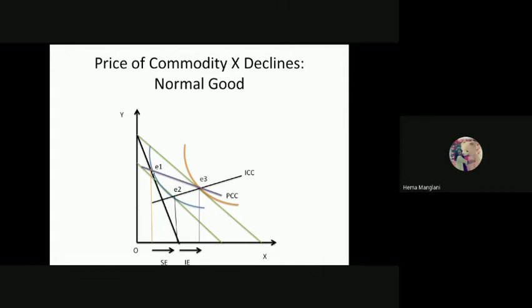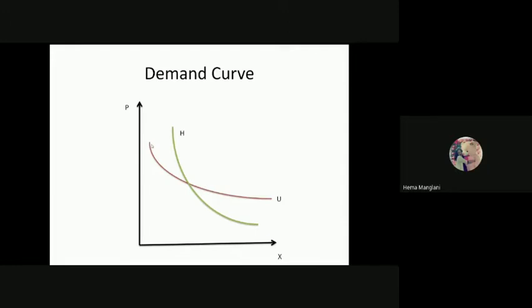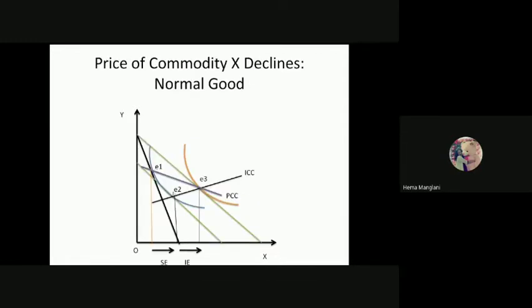So based on this, you can see here this H demand curve. This H demand curve is indicating the Hicksian demand curve, which is exactly giving you the substitution effect. So you're just joining this E1 and E2 point. Now this E1 and E2 point is indicating the relationship of the consumption of the X commodity with the price level.